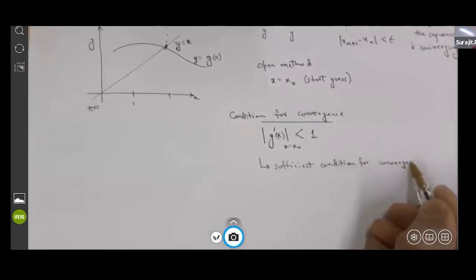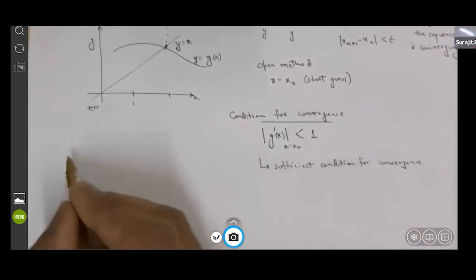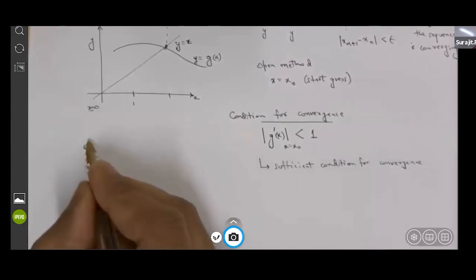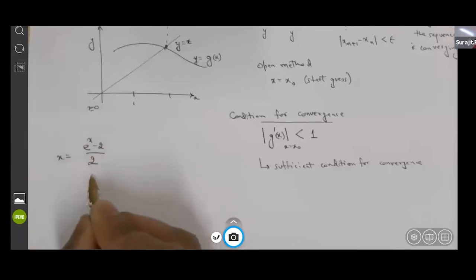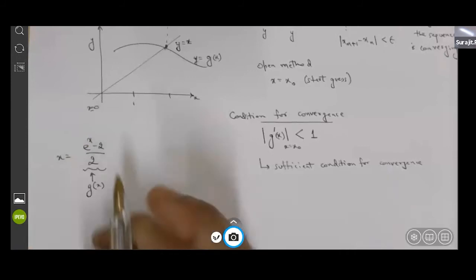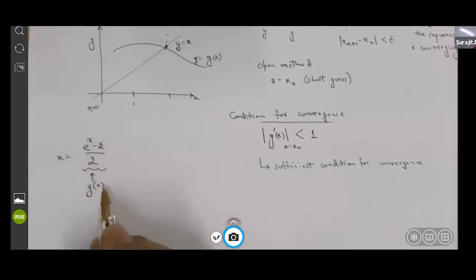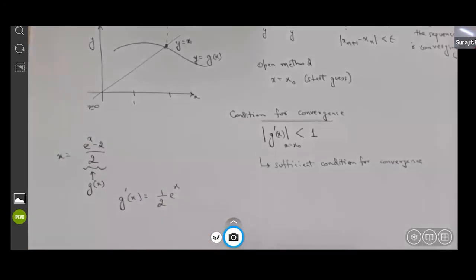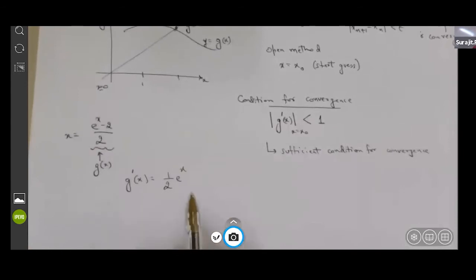So that is what I have been asking you to do. Let me rewrite that function. I was using this function where g of x was given by this specific form. Now, if I take g prime of x, what do I get? I get half e to the x.